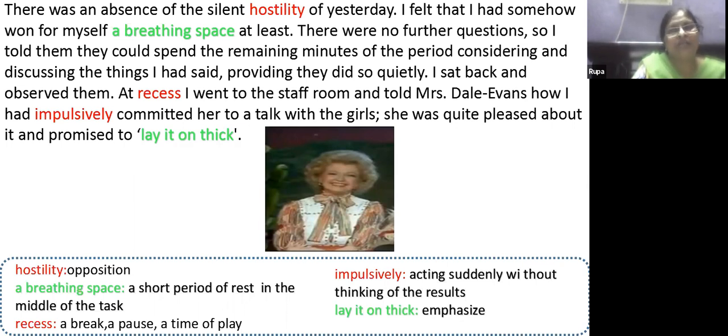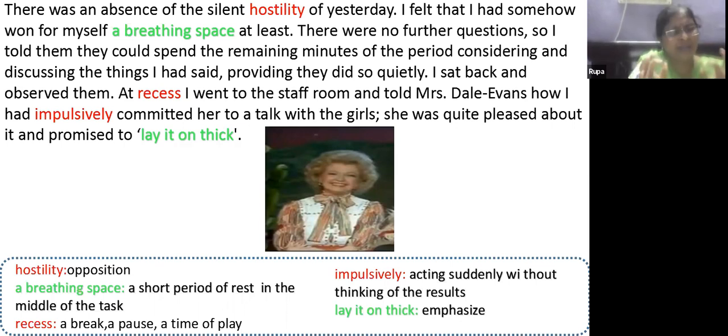Now, what happened when Mrs. Dale Evans knew about the commitment? What was her reaction? She was quite pleased about it and promised to lay it on thick. To lay it on thick means emphasize. She did not get angry. She was not annoyed or irritated because Mr. Braithwaite did not take permission and all that. She was very glad. She was ready to help. And Mr. Braithwaite also was very confident that Mrs. Dale Evans was going to help him.